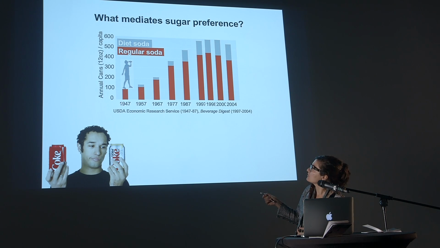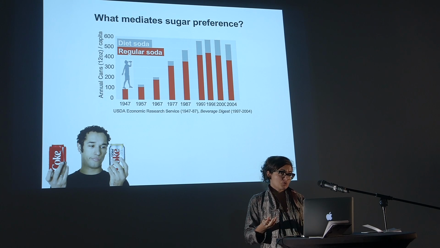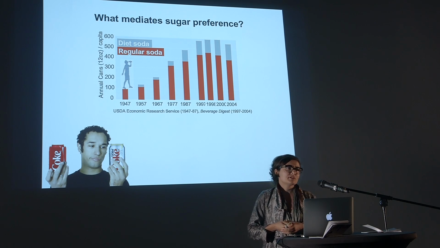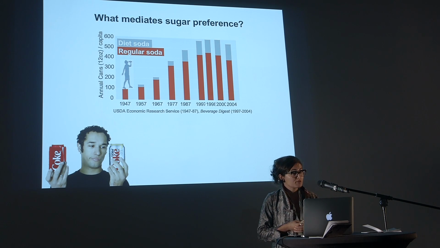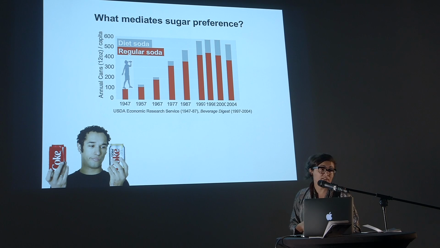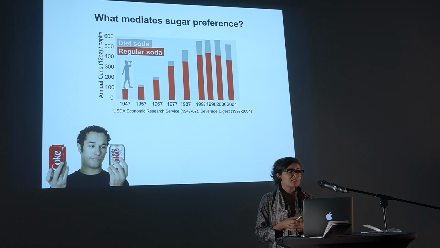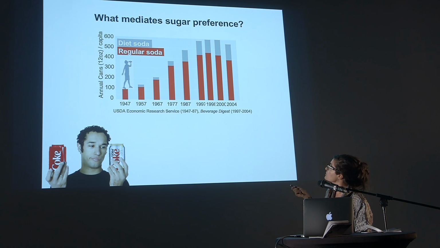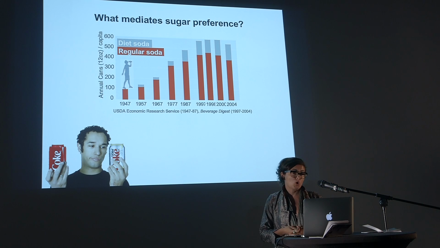So here we're looking at the market share for beverages that have regular sugar and beverages that have artificial sweeteners. And as you can see here, ever since artificial sweeteners were introduced in the market in 1947 in the form of sweet'N Low, artificial sweeteners are not really liked by the population as a whole.